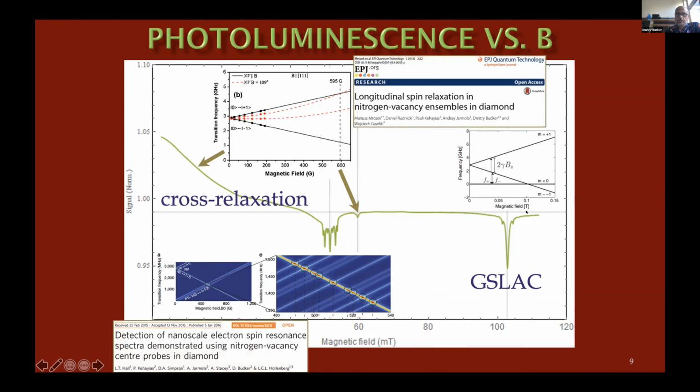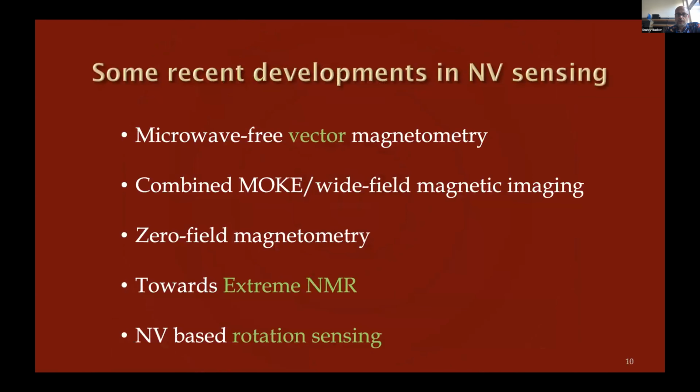And so using these features, we can actually make a magnetometer that sometimes doesn't even require any application of any kind of microwave fields. So these are called microwave-free magnetometers. But this gives you, again, an idea.